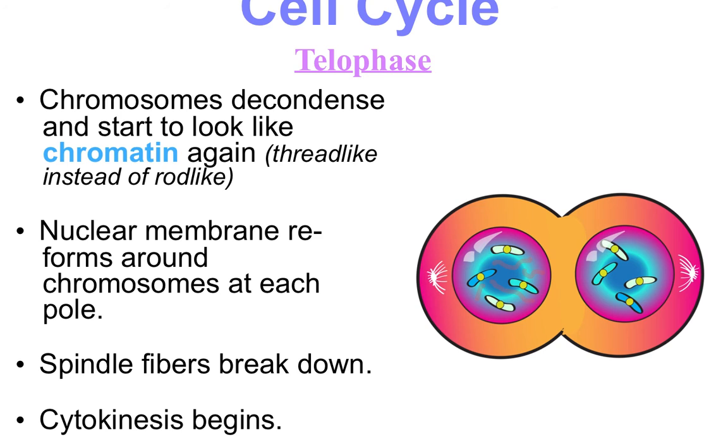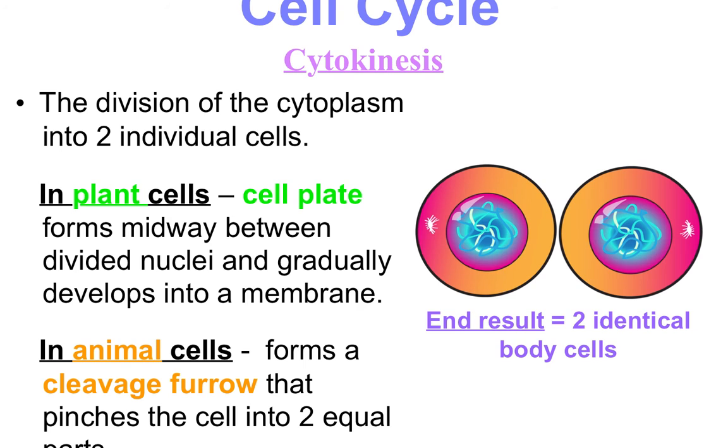And the nuclear membrane starts to form around again because we want to keep these guys separated. Through all that hard work, we don't want anybody getting out or into the other cell. And so the nuclear membrane forms around the chromosomes at each pole, and the spindle fibers break down, and we begin cytokinesis.